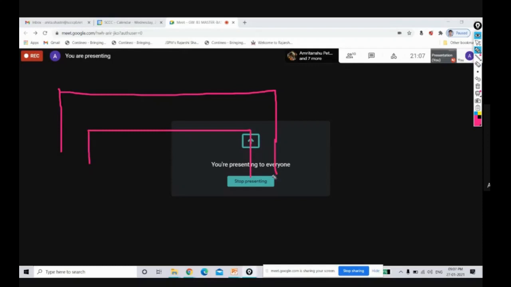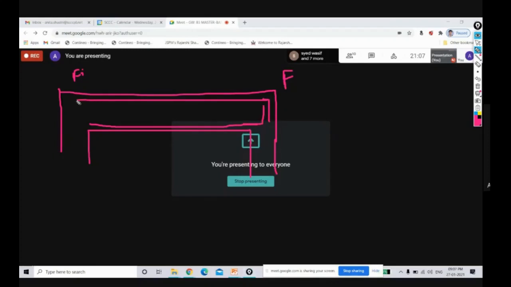First we will consider both ends as fixed ends. This end is fixed, and this end is also fixed. To maintain this fixity, we have to provide the anchor reinforcement in this beam, like this.